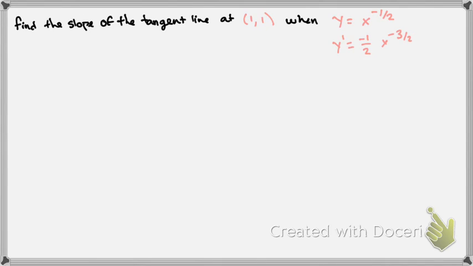Now, I'm going to simplify this a bit so we can actually see what's going on, solve it. So y prime equals negative 1/2, and we're going to put this term on the bottom.